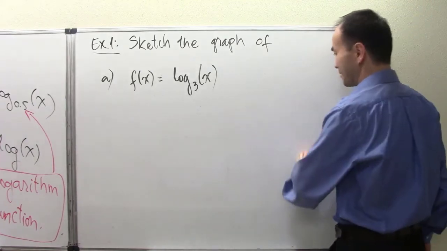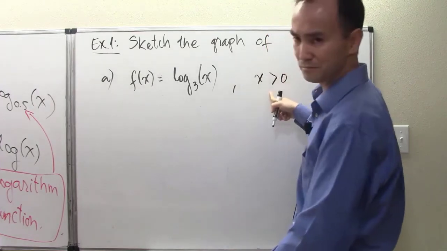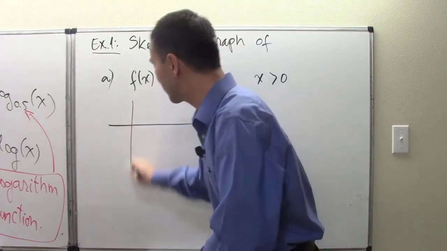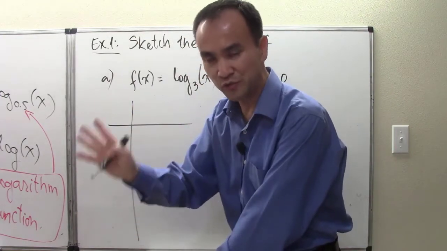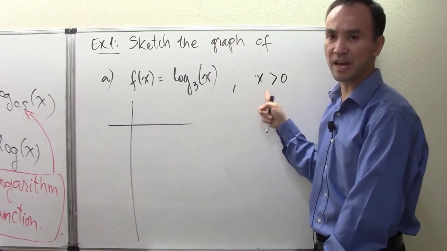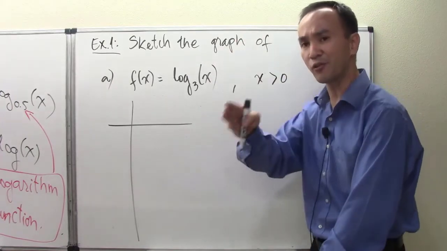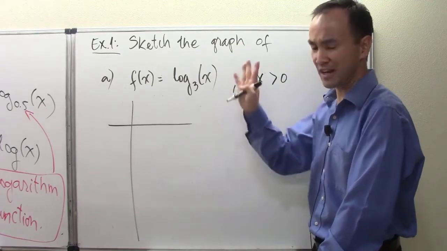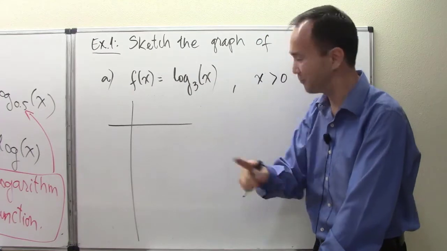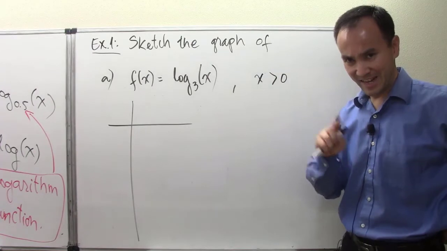The reason I pointed this out is that when we construct a table of values, we must choose inputs that are positive. We ruled out the possibilities of taking the wrong inputs, and we narrowed our input set down to just the positive only.